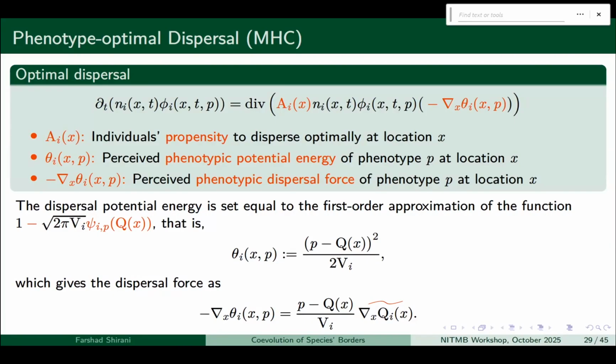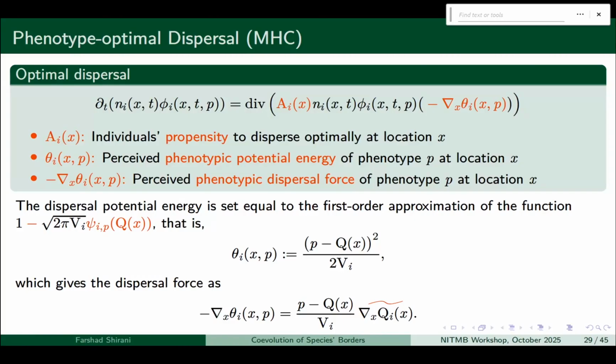When particles are moving, for example, in a fluid, this A is going to be the mobility of those particles, which I call dispersal propensity here. And this is going to be a force which is going to direct the movement of the particles, which can come from the gradient of a scalar potential energy, which I define here as a phenotypic potential energy. The gradient of that induces a force, which I call the phenotypic dispersal force.